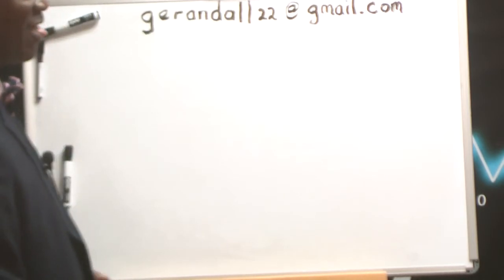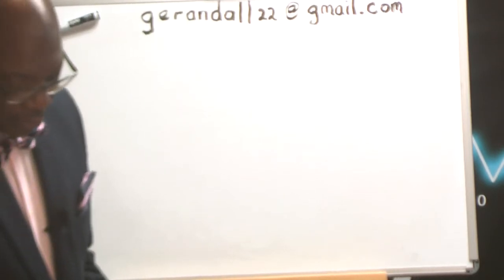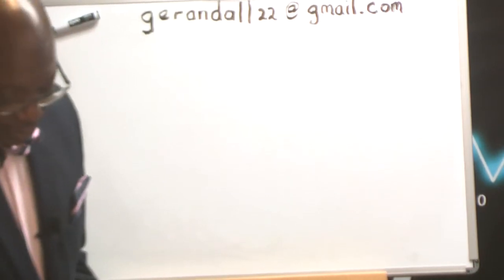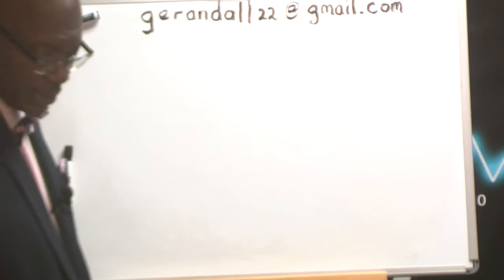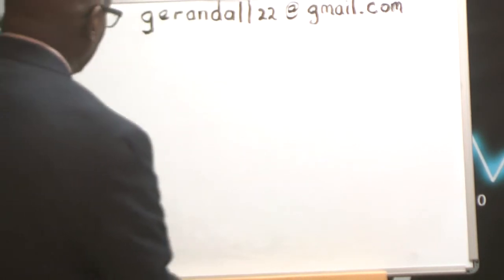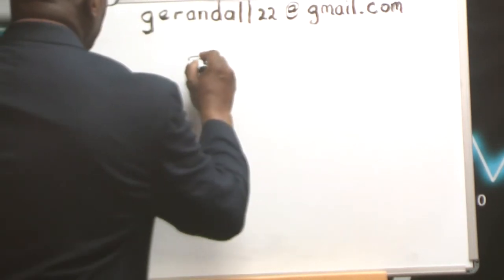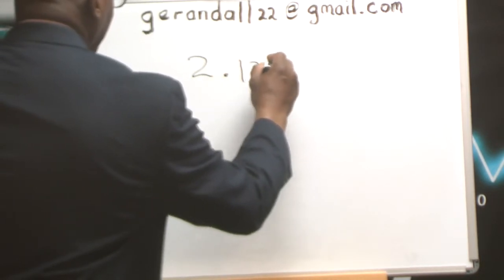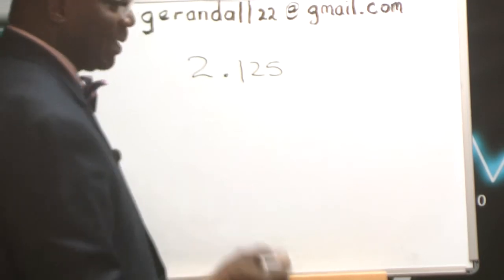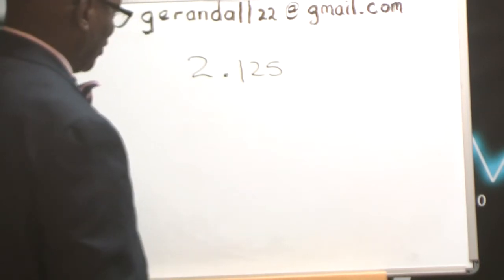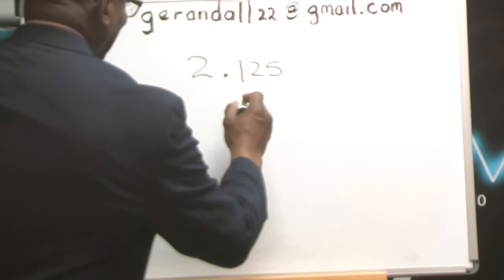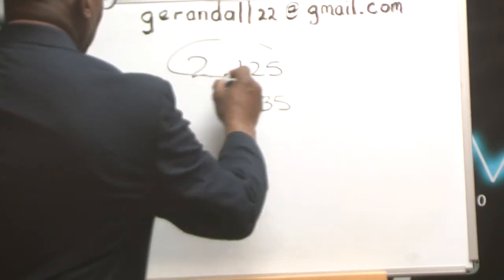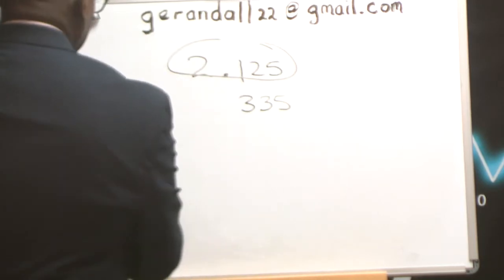And you're going to get 335 packages. Okay? And I apologize. I read that incorrectly. The weight of the sugar is 2,125,000 pounds. Okay? And you're going to get 335 packages. That's how much it costs per package.